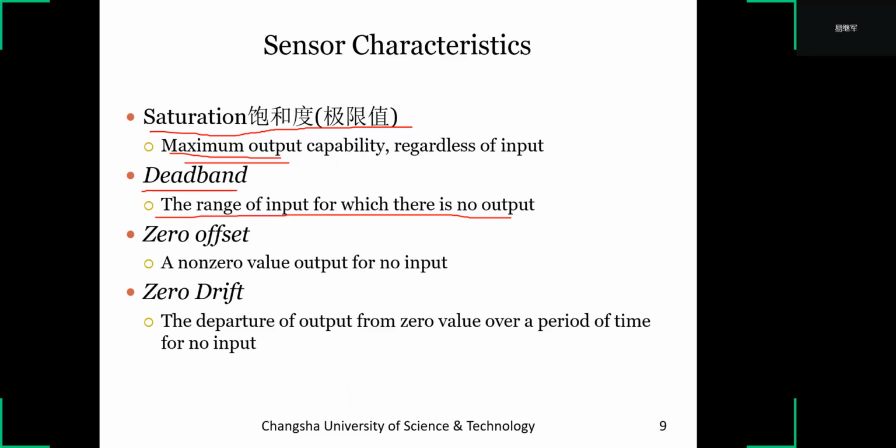Zero offset is a non-zero output for no input. Zero drift is the departure of output from zero value over a period of time for no input.